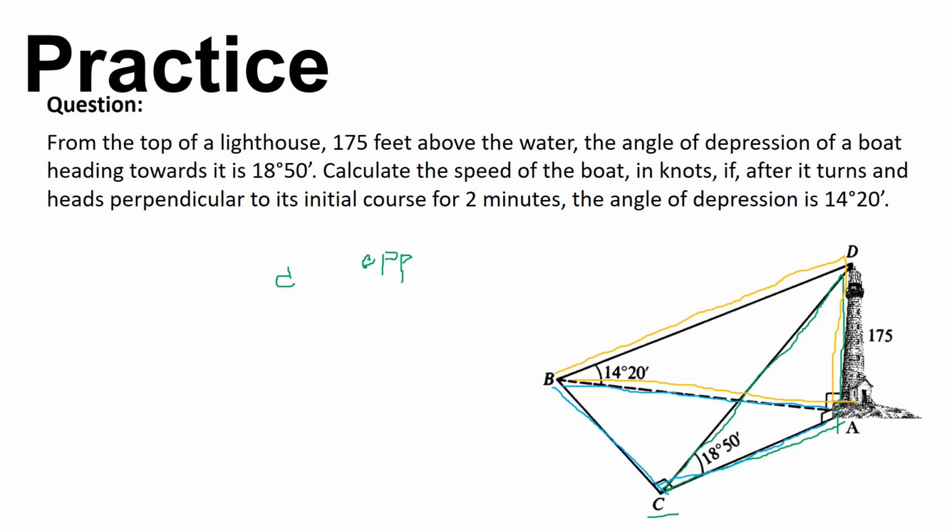What are we looking for? If we are looking for the hypotenuse, we can use sine, and if we are looking for the adjacent side, we can use tangent. Since we are looking for the adjacent side, this line from point C to point A, we will use tangent.